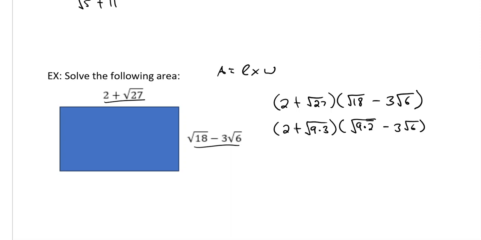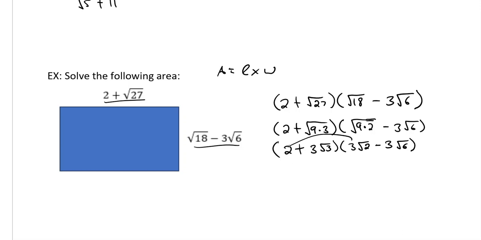And then I'll take it out on the next step here. So we got 2 plus, that 9 gets to come out as a 3, so 3 root 3. And then 3 root 2 minus 3 root 6. I just did that just so the numbers were smaller. So I think we're good to go now.